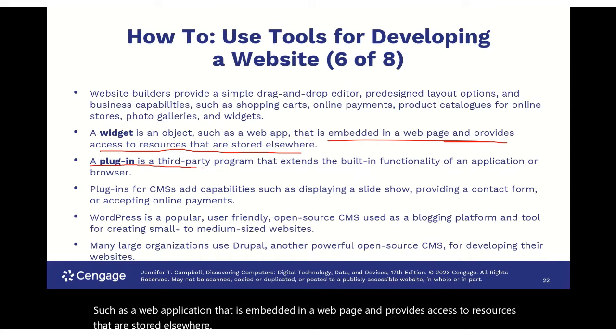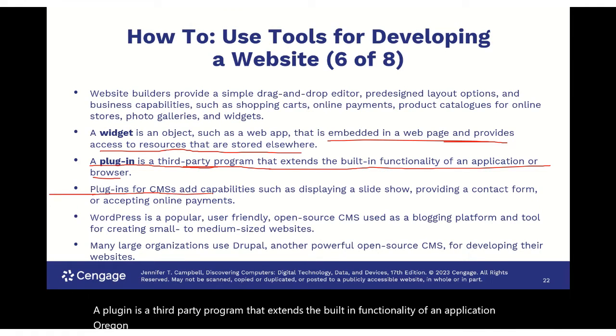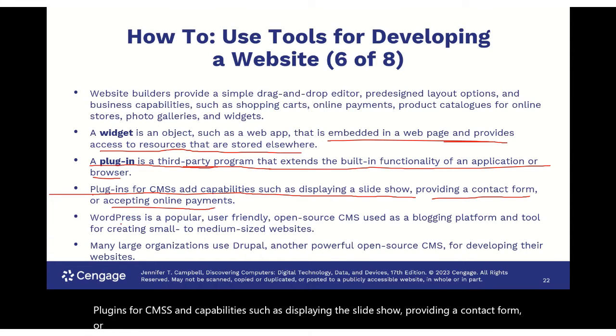A plugin is a third-party program that extends the built-in functionality of an application or browser. Plugins for CMSs add capabilities such as displaying a slideshow, providing a contact form, or accepting online payments.